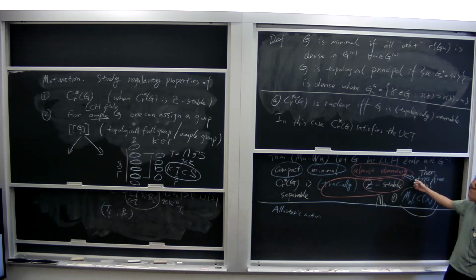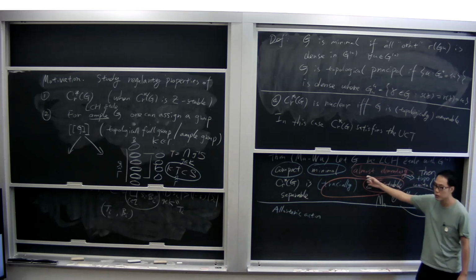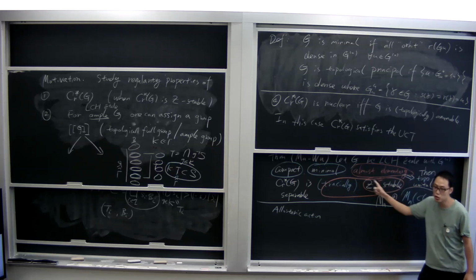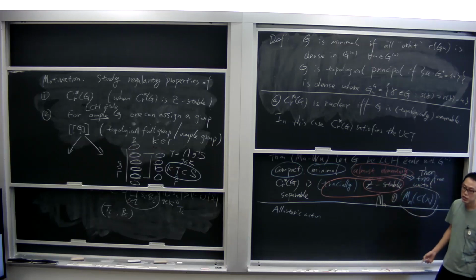You need the almost elementary condition. You can add topological freeness here, but what you need is also measure-theoretic freeness with respect to certain measures. That's not good enough. I thought that's what you said.